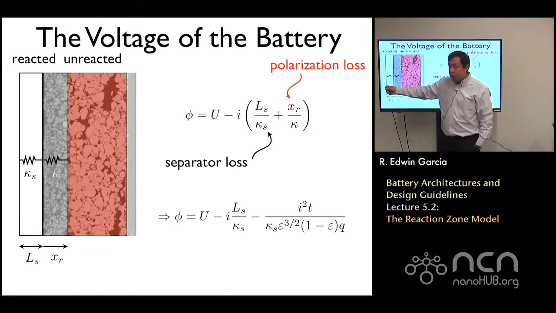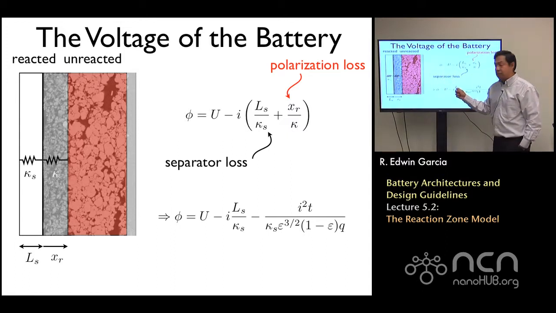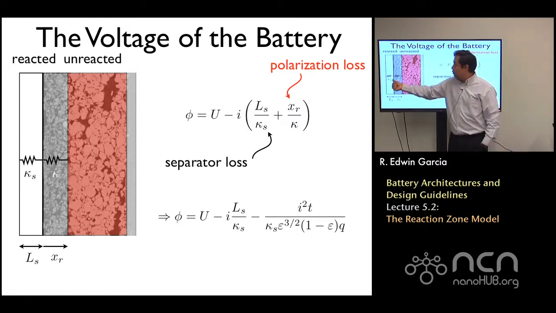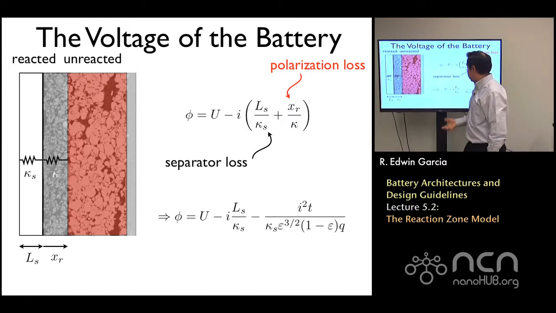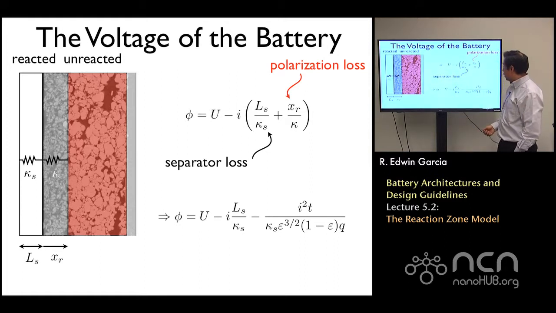As we know, that separator itself has its own tortuosity and its own porosity, and that's why you want to make your separator as thin as possible, without, of course, allowing for losses when you are not discharging it. Here you can see I squared t over (1 minus epsilon) times Q. That basically corresponds to that I times x of R, which is what we had before, right?